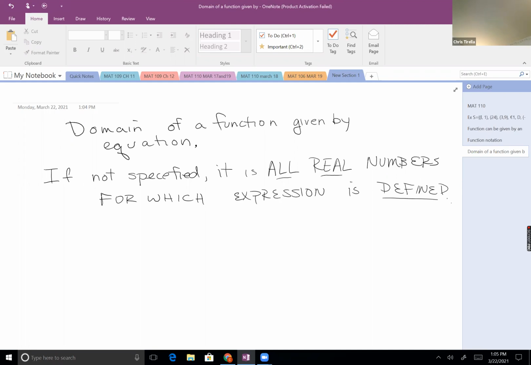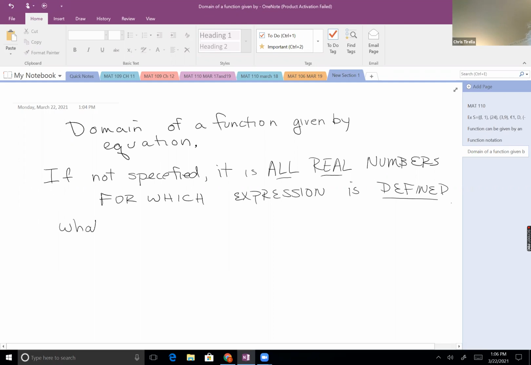Well, that's a lot to wrap your mind around because most things are defined for every value. There are only 2 things that you have to watch out for, 2 things that are not defined. So if I'm looking for the domain of a function that's given by a rule, what I look for is the 2 things that are undefined.